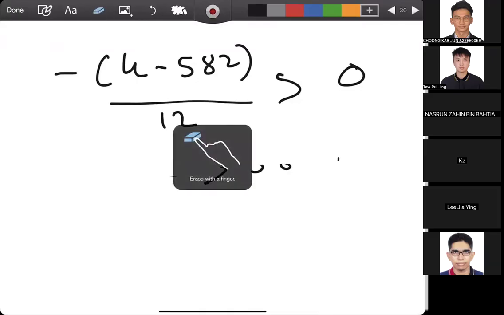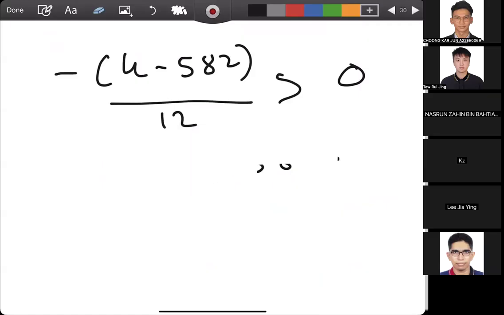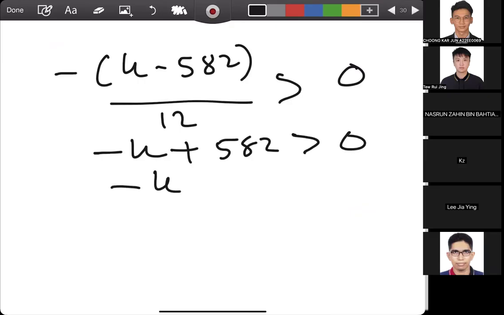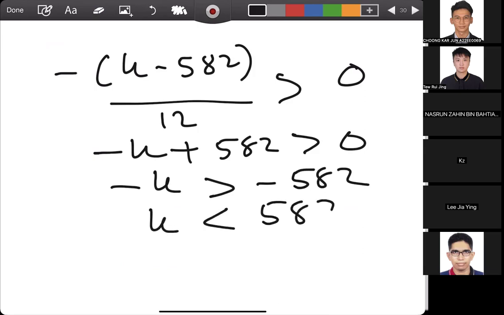Distribute the negative, doctor. Yeah, okay, wait. I delete this one first. Okay. Negative K positive 582 greater than 0, correct? Correct? Yes. Okay, sorry. Thank you, Magdi.